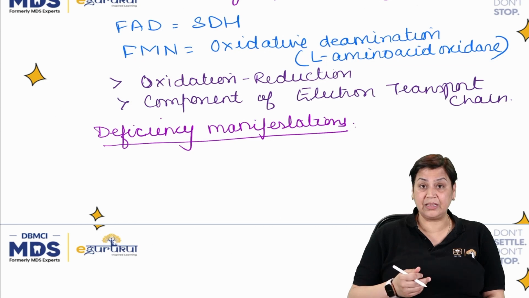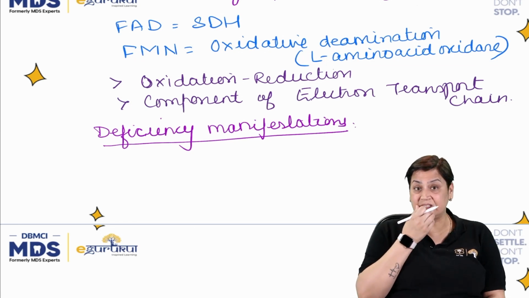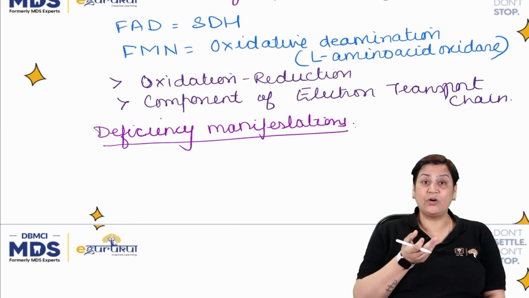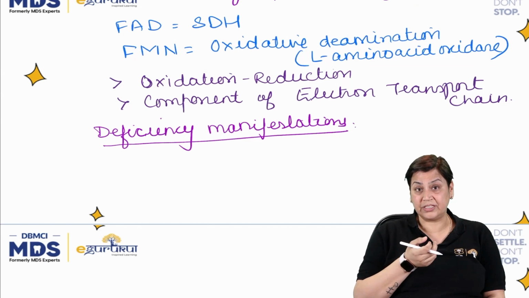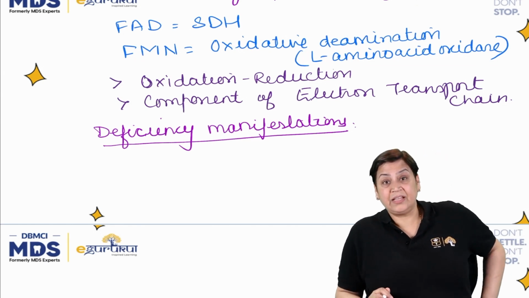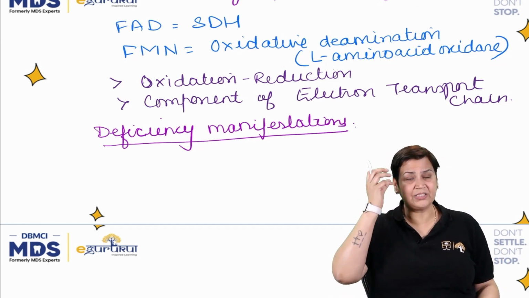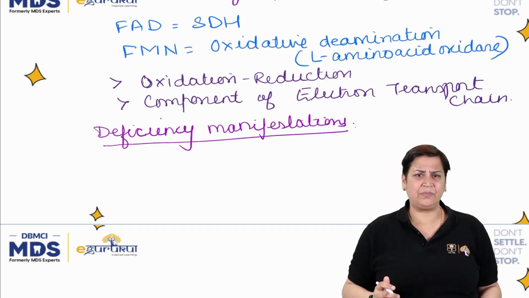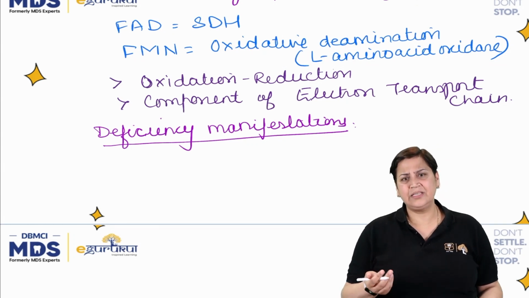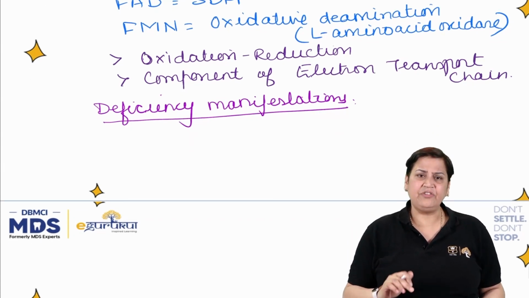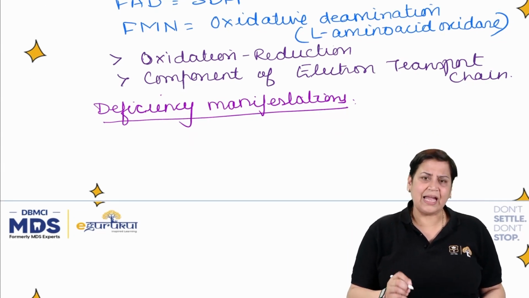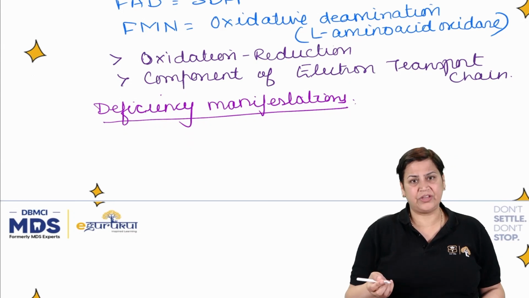A patient comes with fissures at the angle of the mouth, a change in the color of the tongue, corneal vascularization, and so much dandruff on the scalp. What is the deficient vitamin? That is riboflavin deficiency.